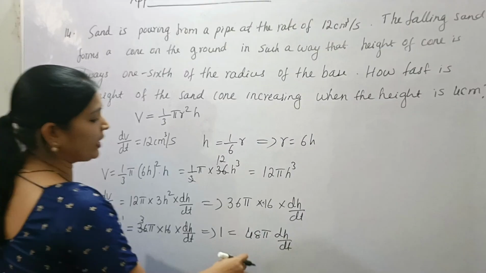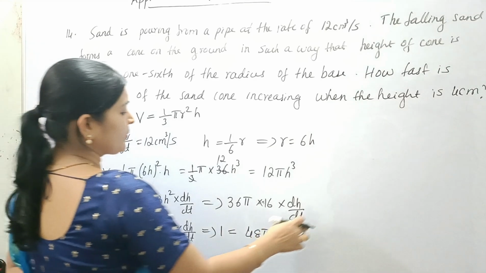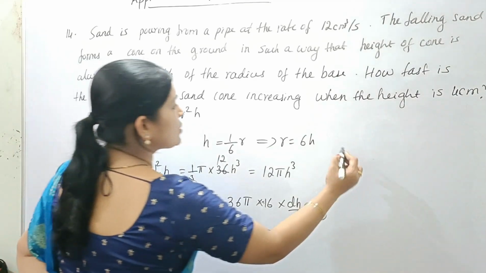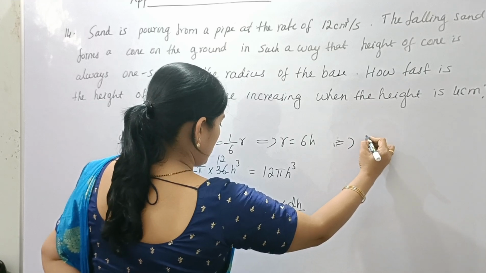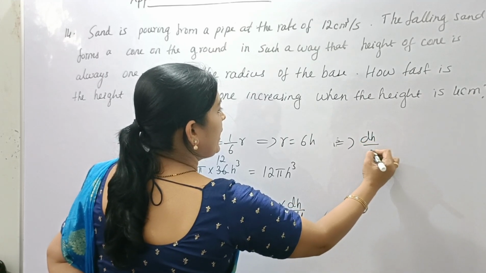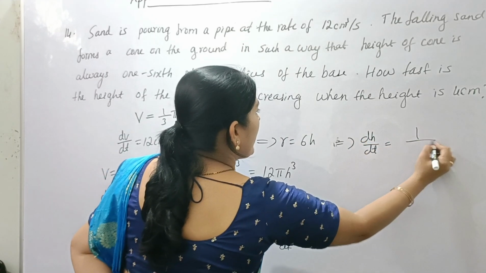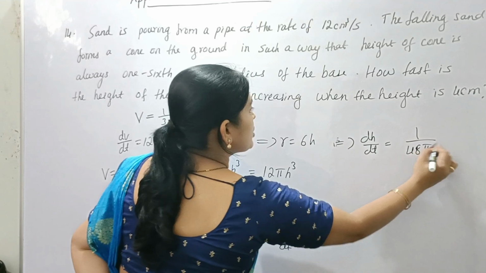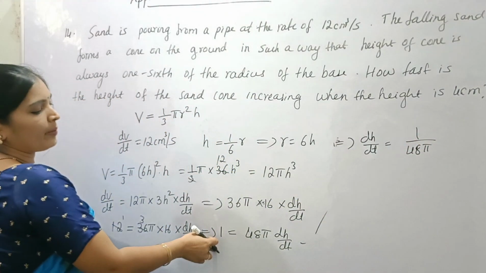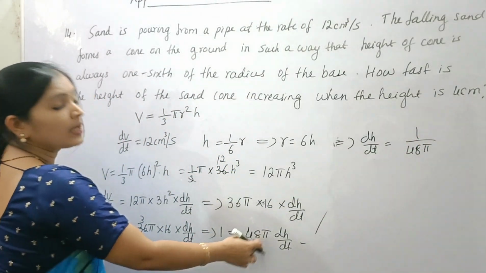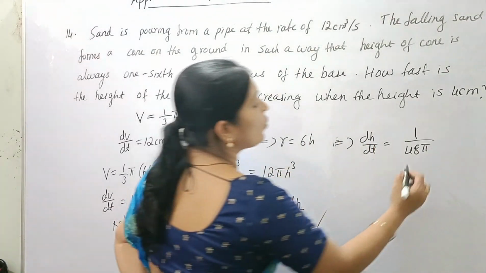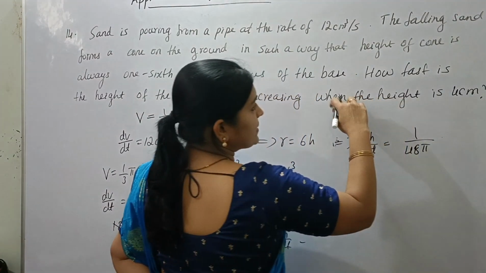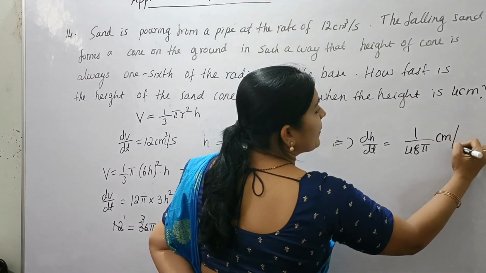We need to find dh/dt, so taking 48 π to the left side, dh/dt is equal to 1/(48π). The unit is centimeter per second.